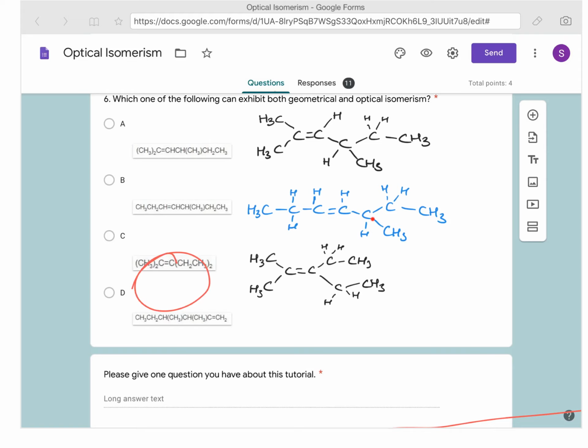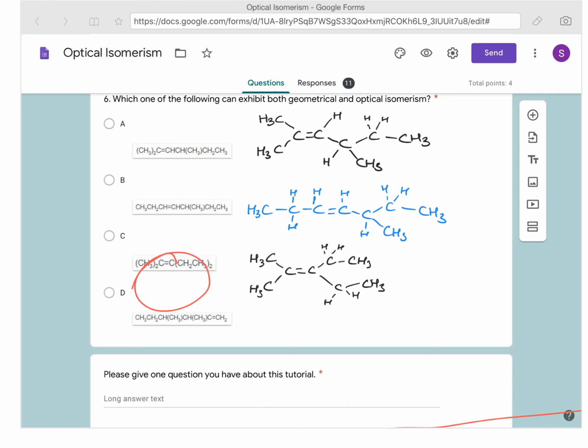So that one is chiral. Let's just put a little star by that and then double check the rest. Doesn't matter anyway because we've got our answer now, but just for completeness. This one has two hydrogens, so that can't be chiral, and that one has three hydrogens, so that can't be chiral. That's your chiral carbon, and these four groups coming off the alkene give it geometrical isomerism as well. So your answer is B.